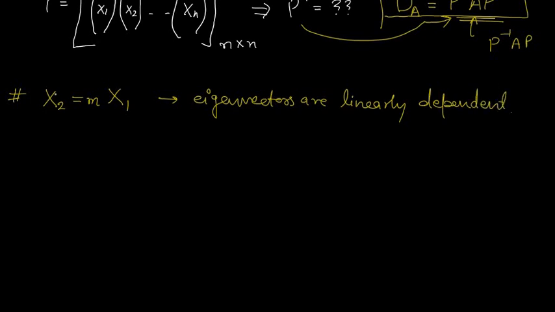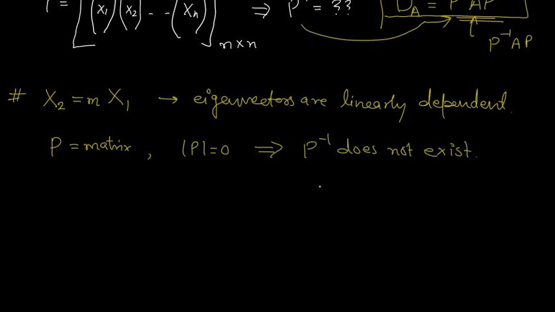If that happens, then two of the columns of the matrix are equal, and you know the matrix which you defined as P has a determinant of 0. If the determinant is 0, it means that P inverse does not even exist. If P inverse does not exist, then you cannot diagonalize a matrix.